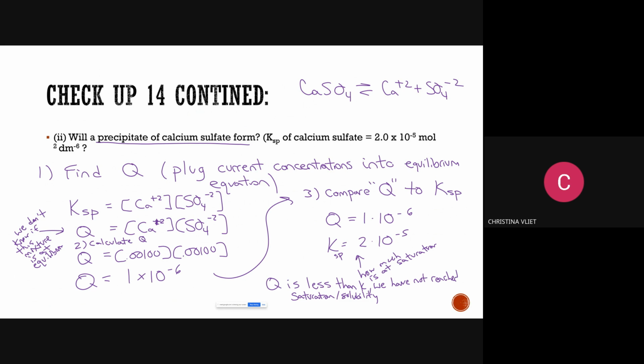So will there be a precipitate if we have not reached saturation? If something's unsaturated, could I dissolve more? Yes. That means that I won't see any at the bottom. So no PPT is the answer. That's the answer to the question. The answer is no.